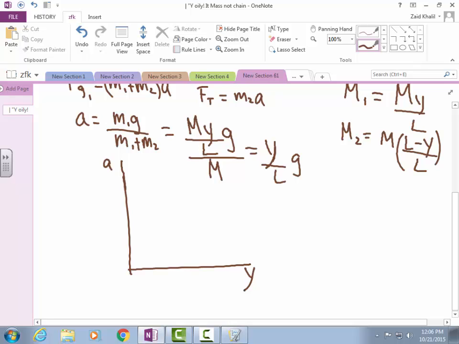So what's going to happen in this case? But you're right. It's going to be linear. Until, and what is that constant value going to equal? That's right. Notice when Y equals L, what is A equal to? G. So this looks like this.